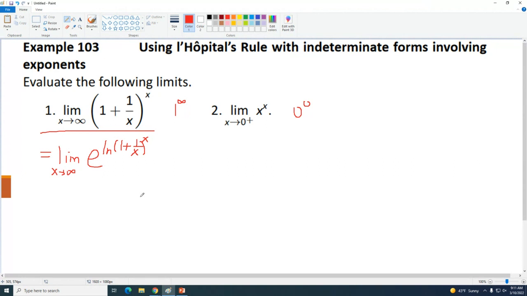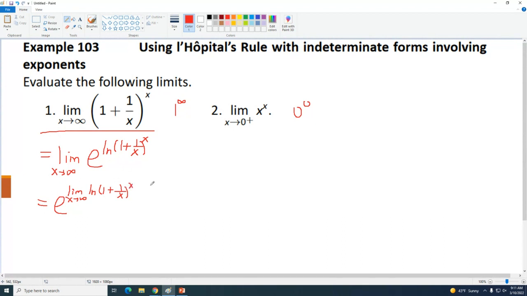So now let's convert it to this kind of limit calculation. According to what we know, e is a continuous function, so you can move the whole limit into the exponent part. So now we're looking at calculation of this. Calculate e to the limit as x goes to infinity of ln of (1 plus 1 over x) to the power x.